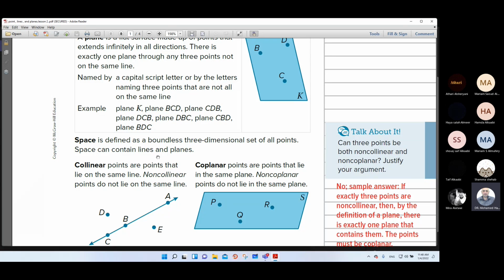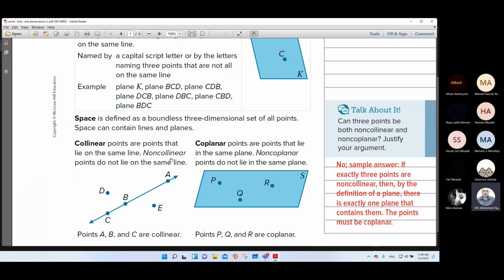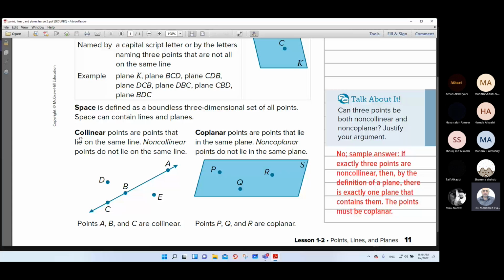Now collinear means points that lie on the same line. When you have points on the same line, the name of this case is collinear.